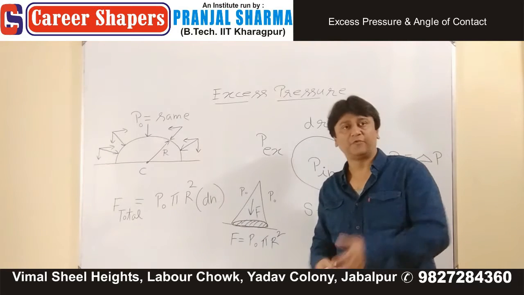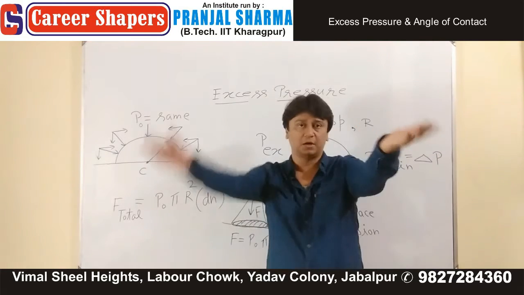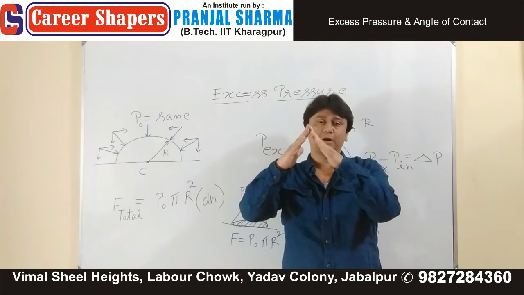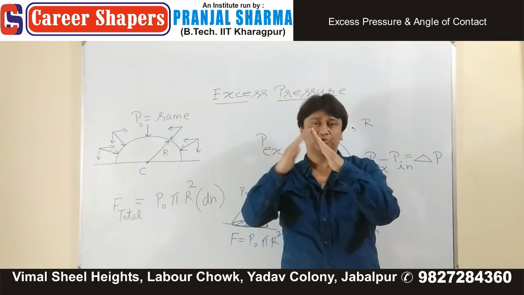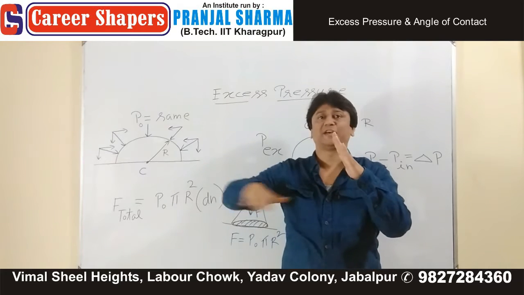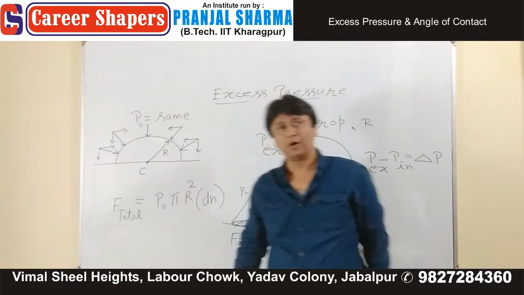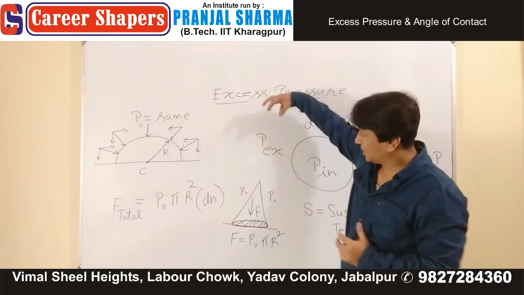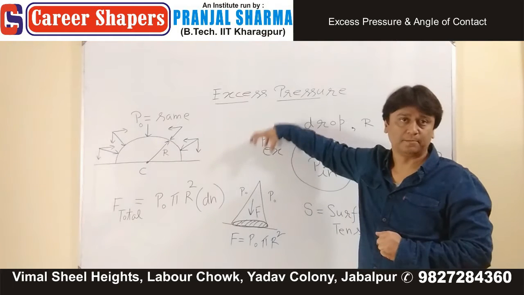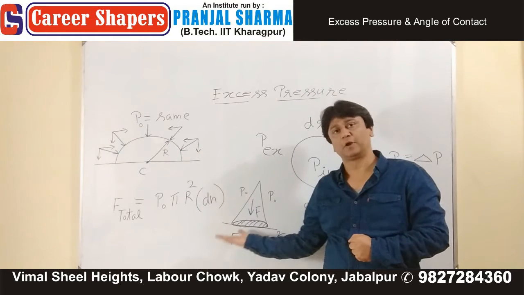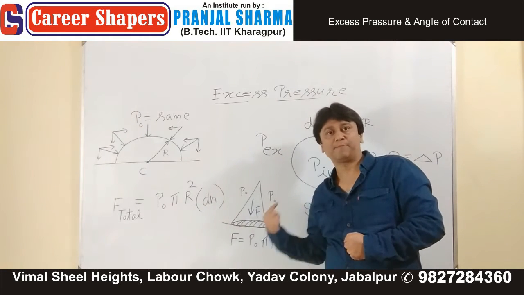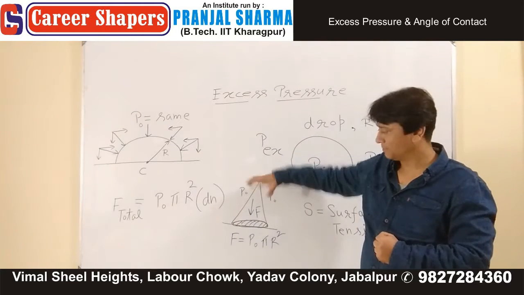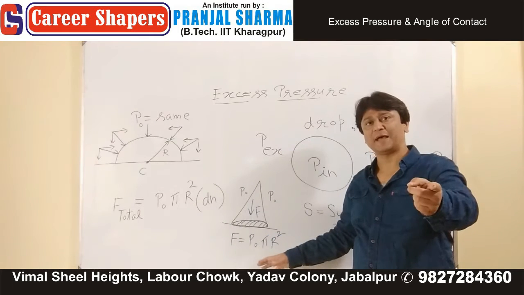The concept is valid for any type of shape. If you have a hut shape, you don't have to worry about this and this. Just look for the area of the projection. How do you identify projected area? Imagine if you throw light from this side and you hold a screen over here, then the shape of shadow which you see, light coming from this side and you have the screen, what type of shadow do you expect?